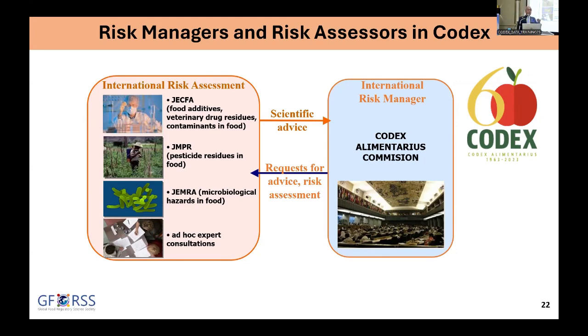Because for those scientific bodies to conduct their risk assessment, they need information. If they are not provided with that information, particularly on occurrence, they will not be able to provide their scientific advice.